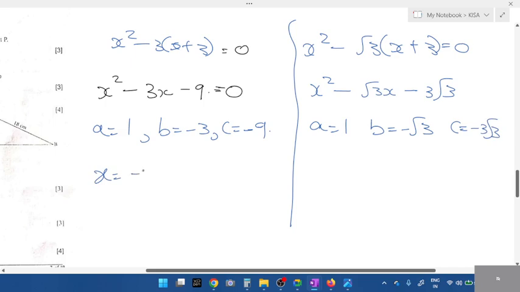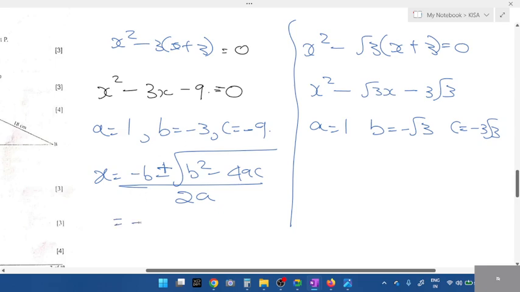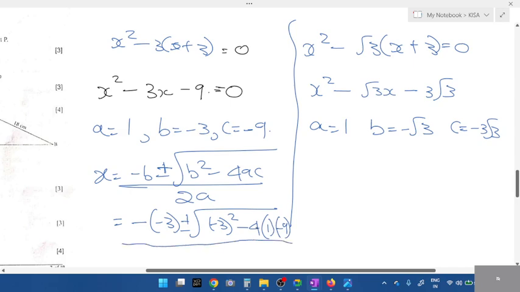What is the formula? x is equal to minus B plus minus square root of B square minus 4AC by 2A. All of you tell me the formula. Unmute and respond. If I substitute, what do I get? Minus as it is, minus 3, plus minus, minus 3 the whole square, minus 4 into, what is A and C?